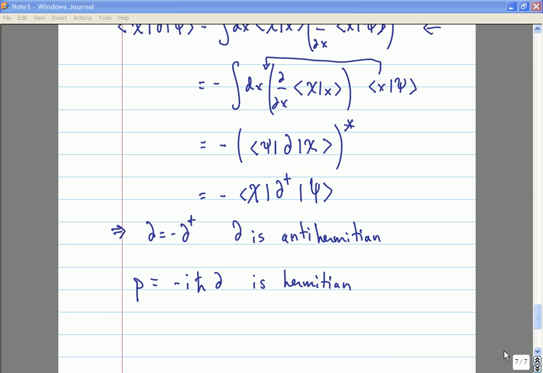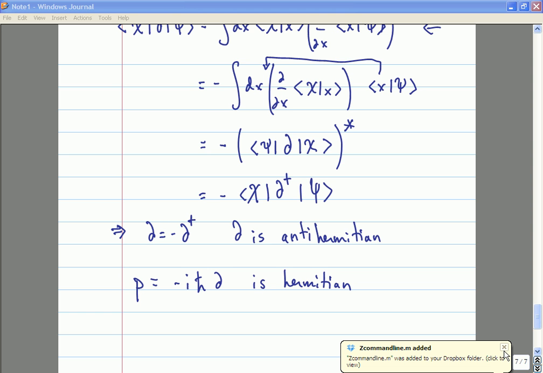And if we wanted to, we could go ahead and rewrite everything in the momentum basis rather than in the position basis. And in the position basis, remember, the operator x is simple. It's just multiplication by a function, whereas the operator delta, derivative operator, is not. Likewise, in the momentum basis, the operator p is simple. It's just multiplication by the function p, whereas the operator x is not.